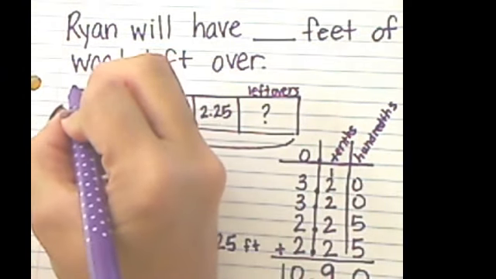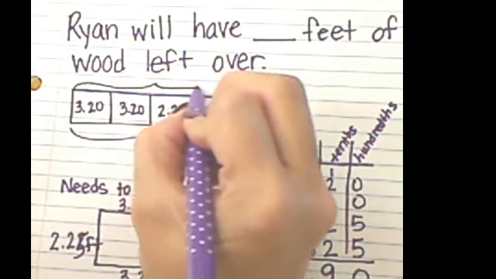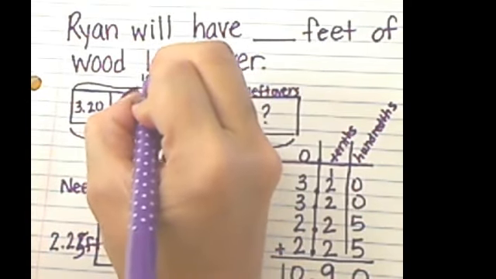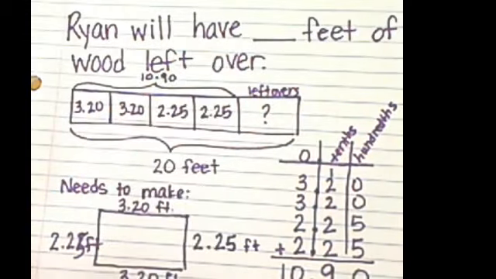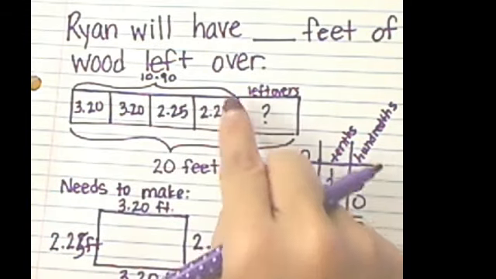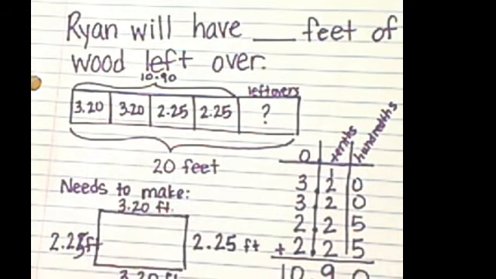So I know that this part right here is 10 and 90 hundredths. Not the whole thing, just the 4 sides put together, okay? The 4 sides put together will give me 10 and 90 hundredths.